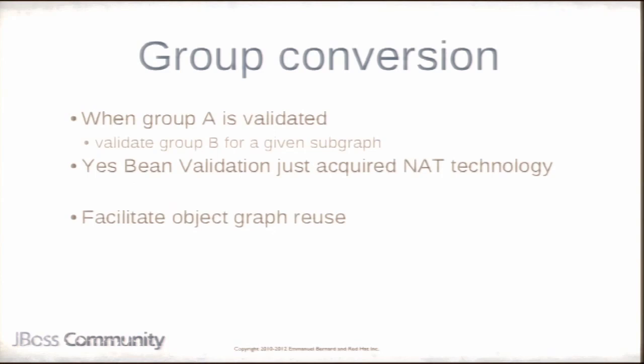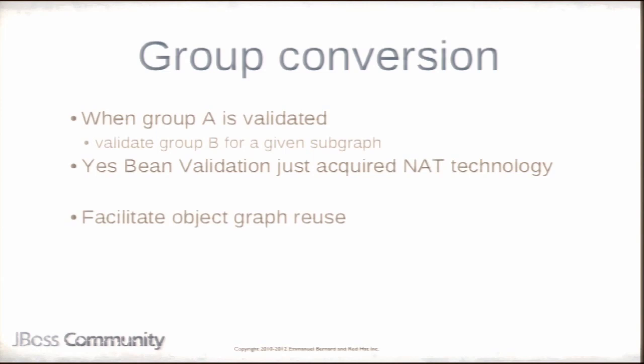Okay, so we had method validations, we had dependency injection, those were the two biggies, and let's talk about group conversion. Group conversion is, in many cases, not necessary, but without that, some of the definitions are quite complicated. So the idea here is to say, I've got an object O1 that is associated to an object O2, and it has the @Valid annotation on it. So when I'm validating O1, I'm also validating O2.